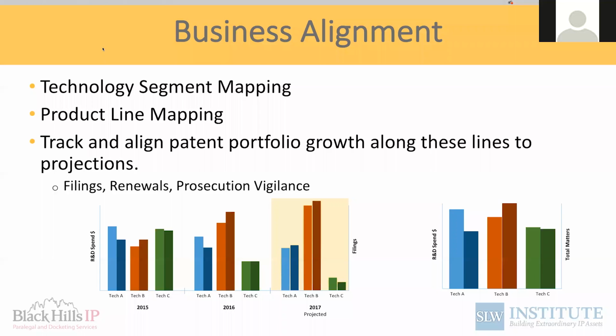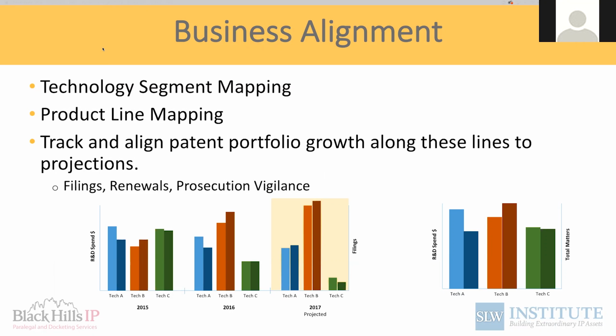By using those projections in line with the R&D projections, you should get a good idea for what your forward-looking patent portfolio should look like in order to align that portfolio development with your business strategy.